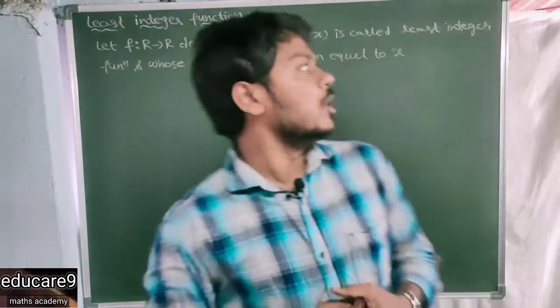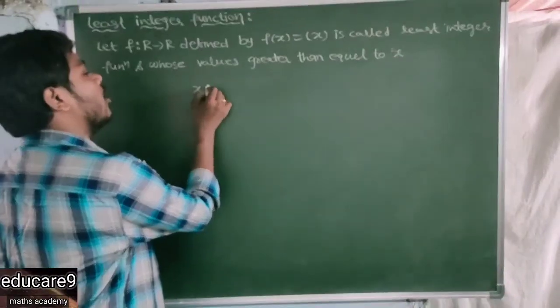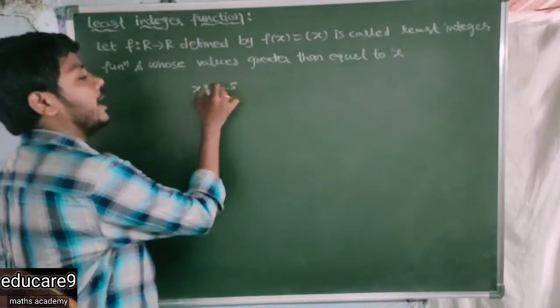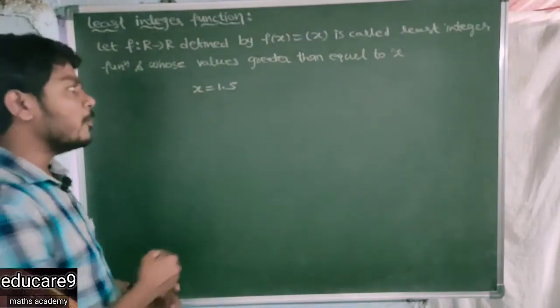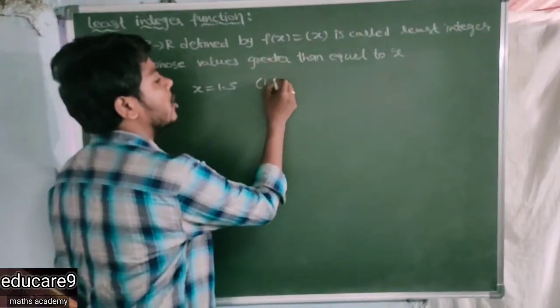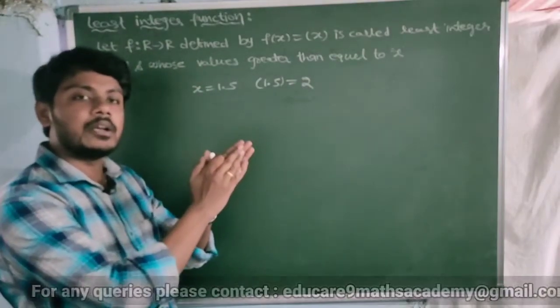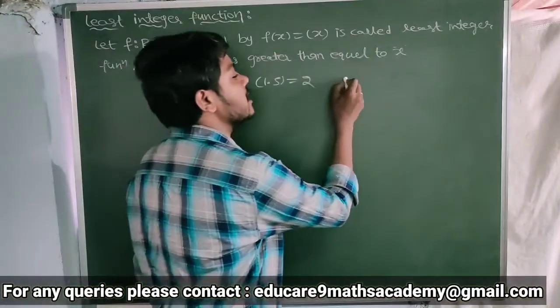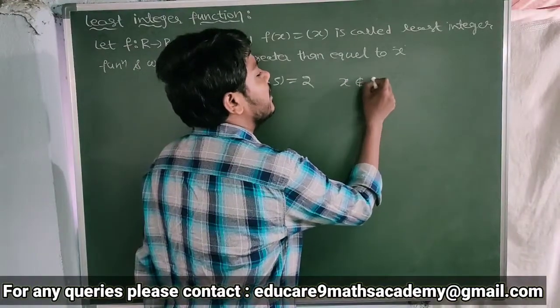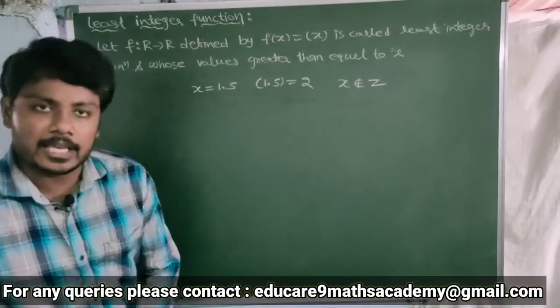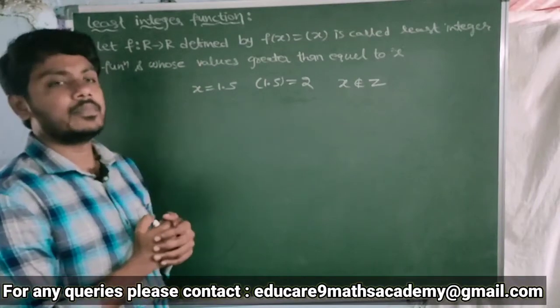For example, x is equal to 1.5. Now bracket of 1.5 is what? 2. It means the value is increasing when x is not an integer. So in that case, the value is increasing.